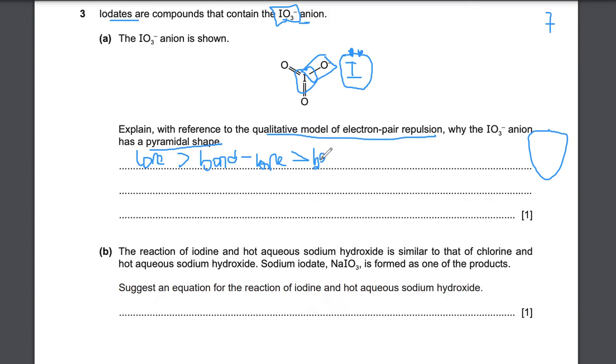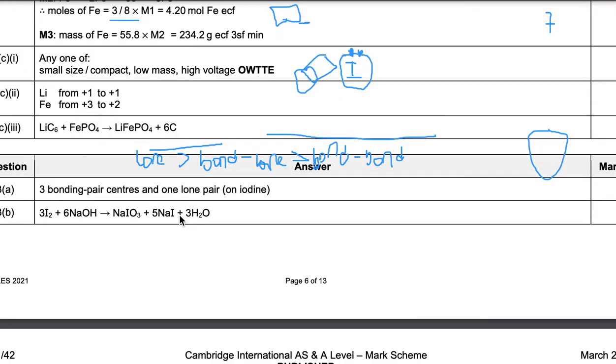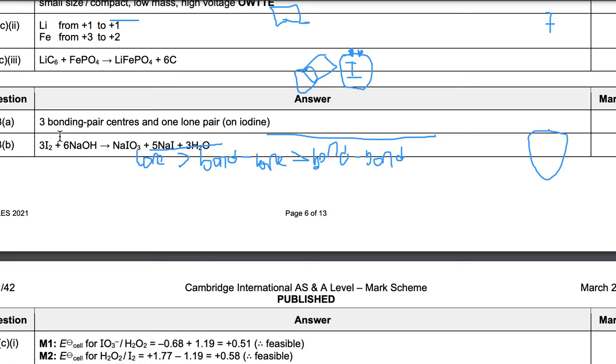So bond pair to bond pair has the least repulsion. Okay, so let's check the marking scheme for this question, which says, this is question number 3. So 3 bonding pair centers and 1 lone pair, that's what I said, right?